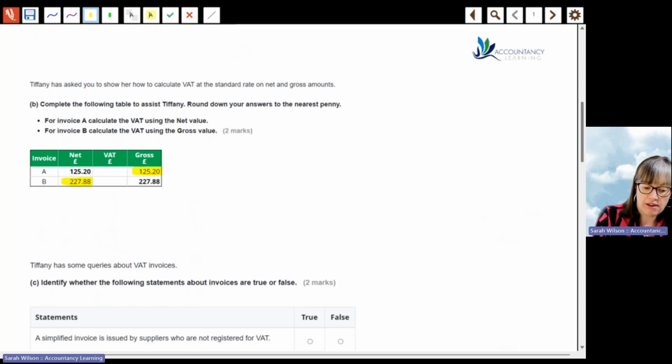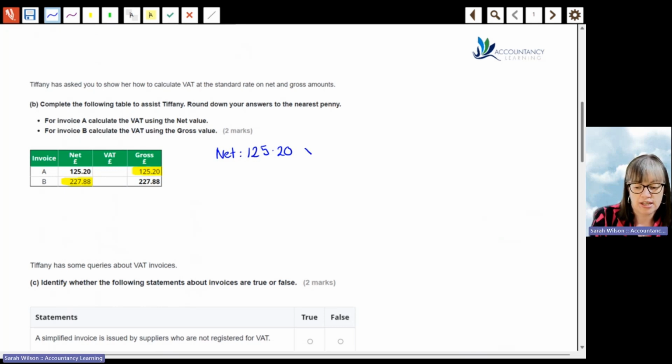So let's have a look at invoice A. We are given the net amount of £125.20. So we have to add 20% on to the net amount.